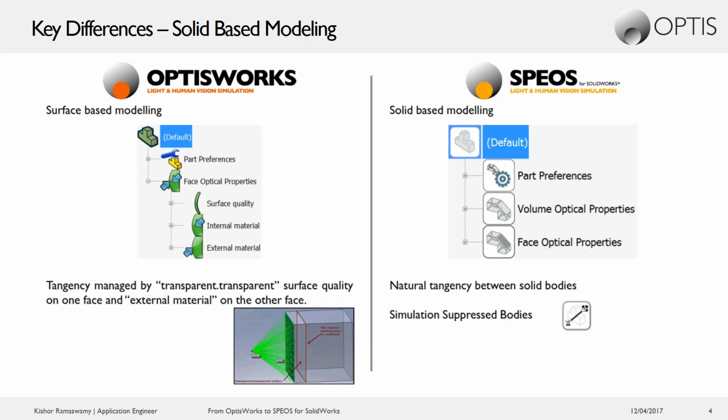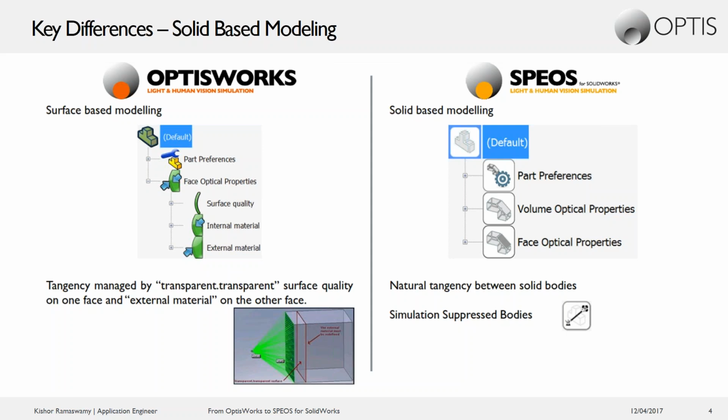Whenever two bodies were in contact with each other, there was quite an elaborate process that needed to be taken into account using this transparent surface quality. But now, using this solid-based approach, this tangency between solids is handled automatically by the software, and it makes it considerably easier for modeling these types of products where you have bodies that are tangent to each other.